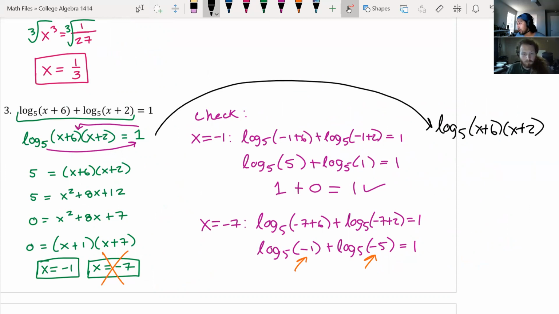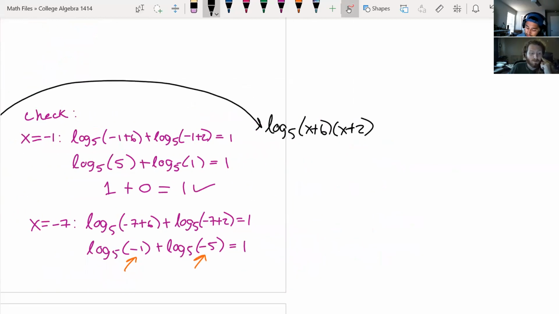And he did a little out of the box thinking, but he used log properties. So look what we did here first. Log base 5 of 5, we said is 1. Well, what Carl did is he took 1 and wrote it as log base 5 of 5 because they're both equivalent statements.